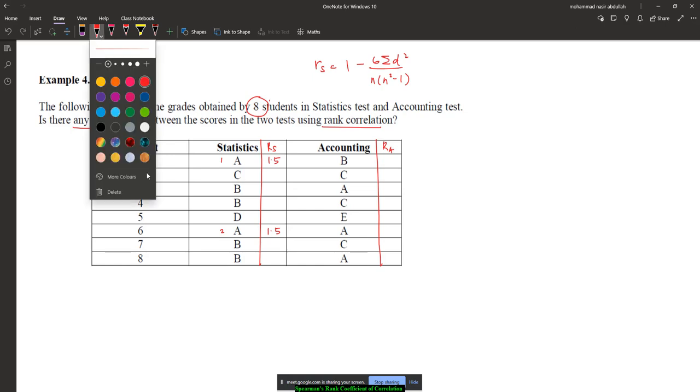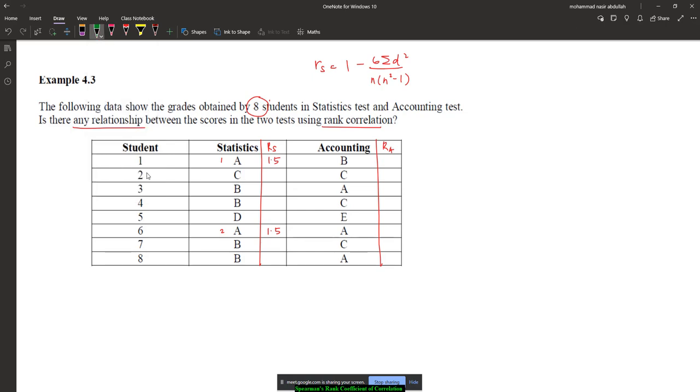And then we look at B. For B, we have 1, 2, 3, 4. After we already calculated for A, we have 1 and 2, so B will start from 3, 4, 5, and 6. So 3 plus 4 plus 5 plus 6 divided by 4 is 4.5, right?